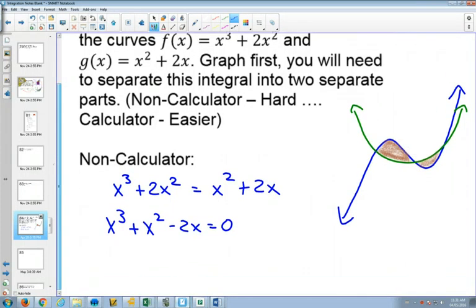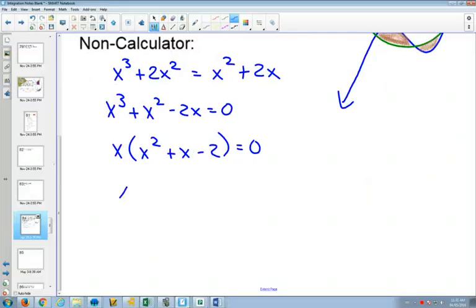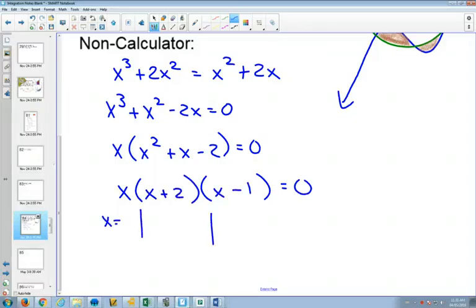And since there's a common factor of x, we can take that out. So we got 3 points. They do intersect at 3 points, at x equals 0, at x equals -2, and x equals 1.